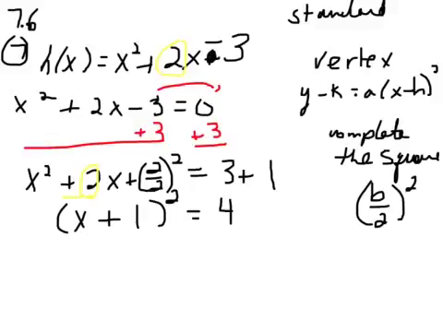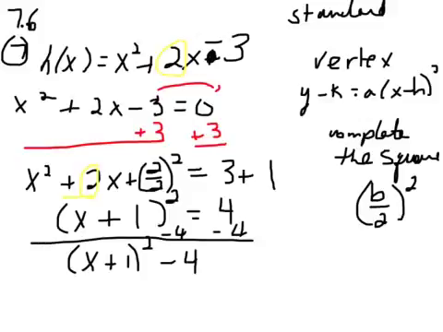Now, what I'm going to do, this is kind of weird, how you have to turn it back. I like teaching this a different way, but because of the way your book presents it, I'm going to go ahead and do what they do here. If I want to now, I can say x plus 1 squared, and let me move the 4 to the other side by subtracting it, minus 4 is equal to 0. Well, what did I do at the very beginning?